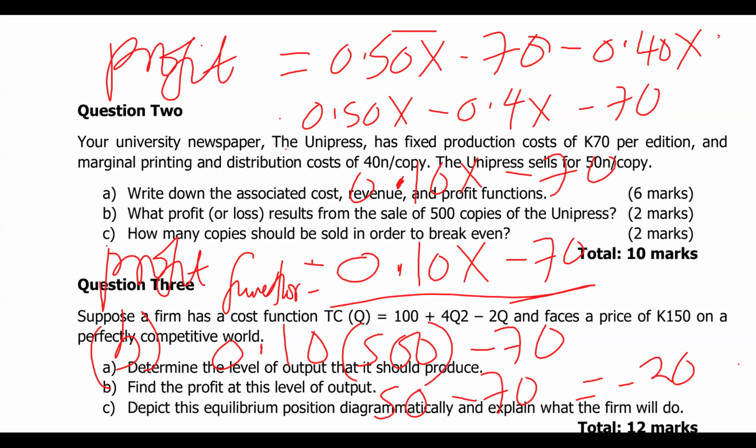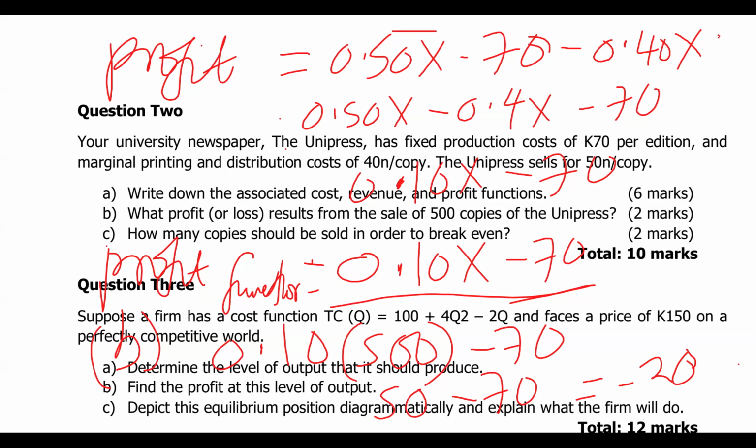Okay. That is got to be negative 20. And since this is a negative number, this entails it is a loss. So there is a loss from the sale of 500 copies.